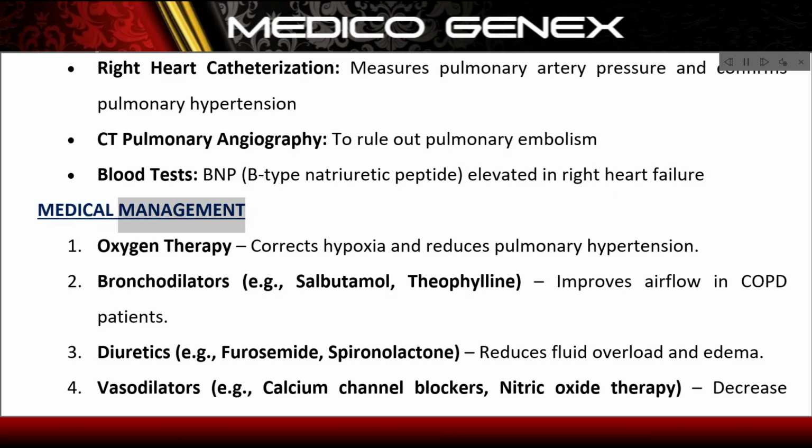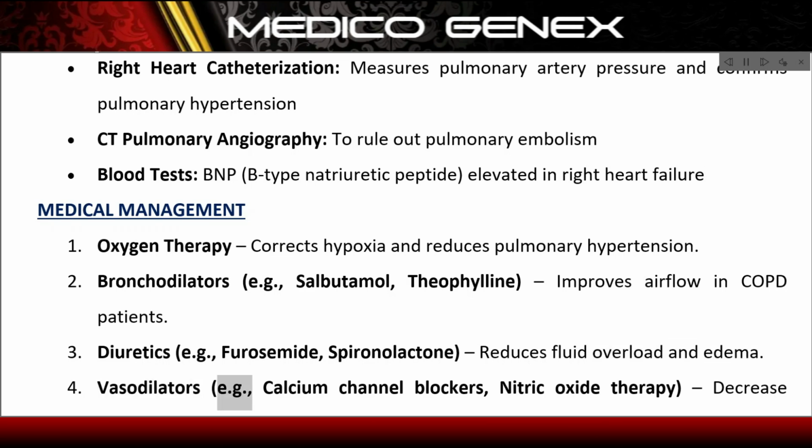Medical management. Oxygen therapy, corrects hypoxia and reduces pulmonary hypertension. Bronchodilators, for example salbutamol, theophylline, improve airflow in COPD patients. Diuretics, for example furosemide, spironolactone, reduce fluid overload and edema.